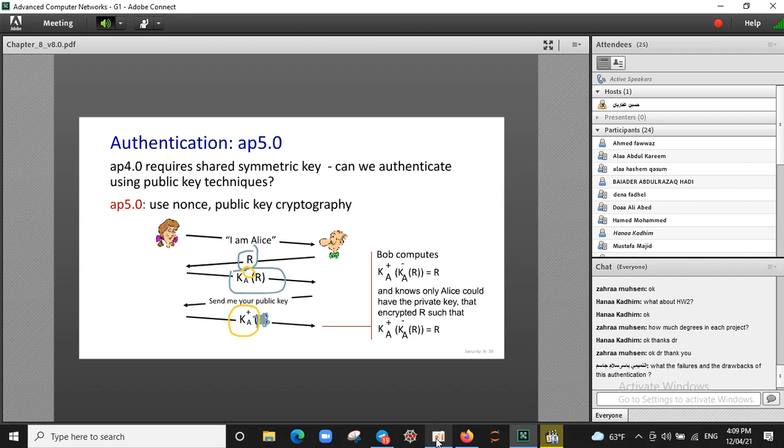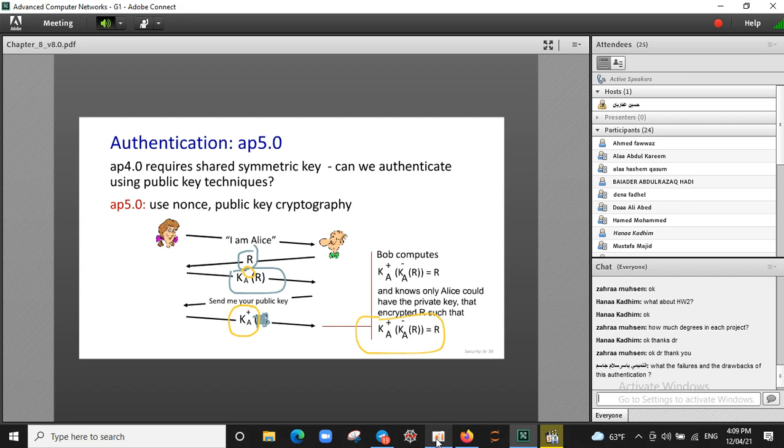Why does Bob look for this public key? In asymmetric cryptography algorithms, if I encrypt a message with one of those keys, I can decrypt the result only with the other key.